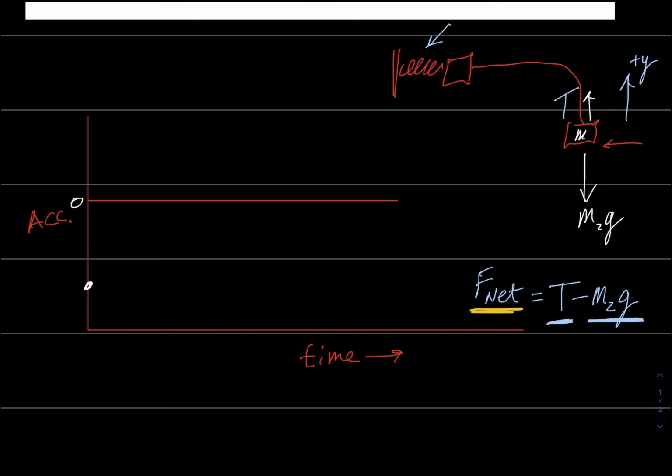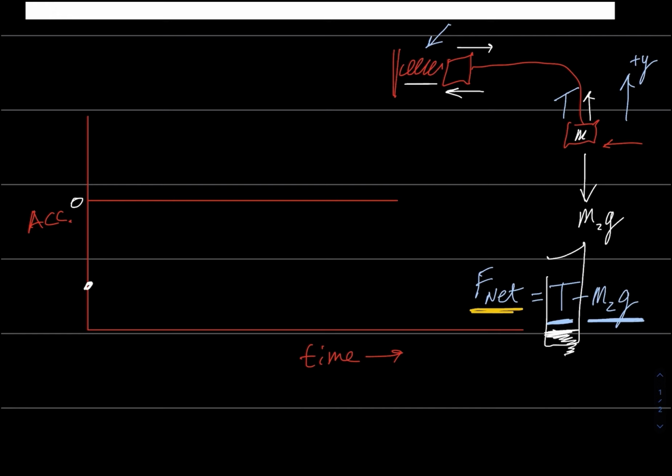And the block is going to descend, like we intuitively know it's going to descend. As it descends, it's going to pull mass 1 this way, stretching the spring. The spring is going to start fighting back with a restoring force, and that force is going to get transmitted through the string, and the tension in the string is going to get bigger and bigger.